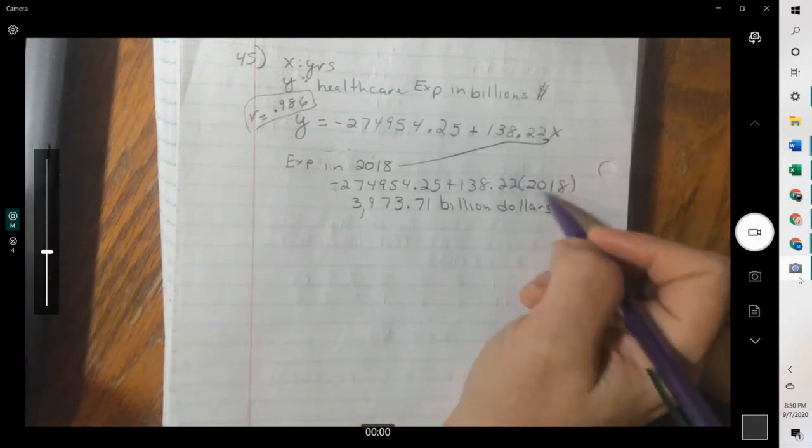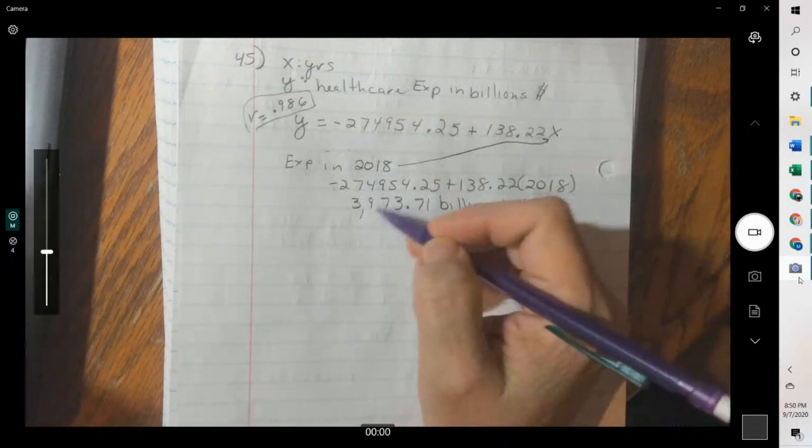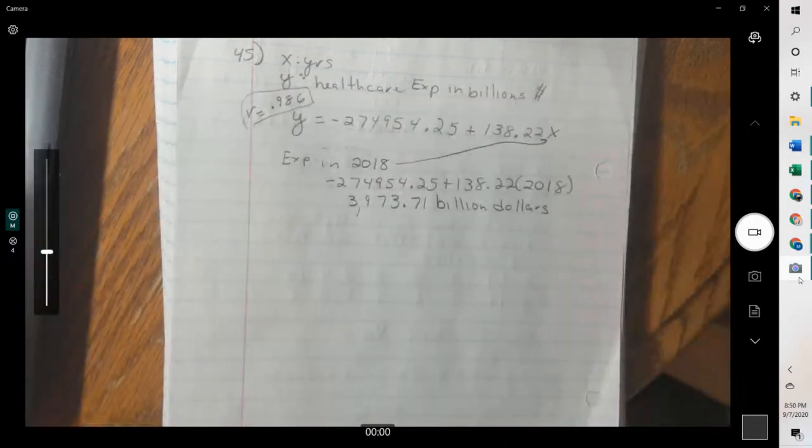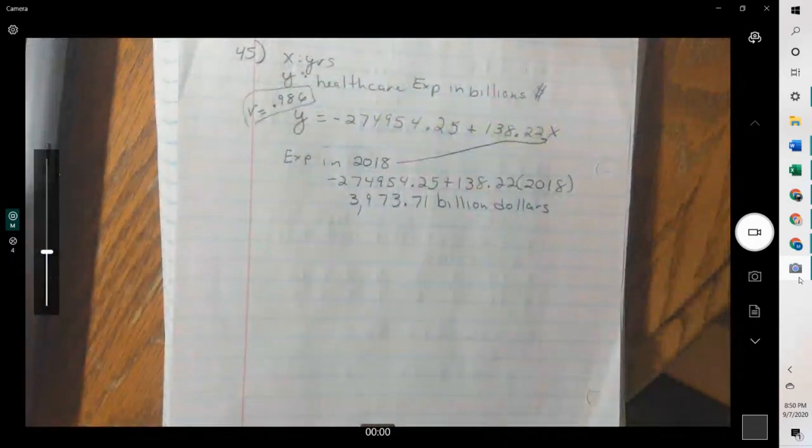Now, instead of going in years, because this came out strange, that's why they didn't want us to go in years. It actually said x equal the number of years after 1990. So you want to be careful of that.